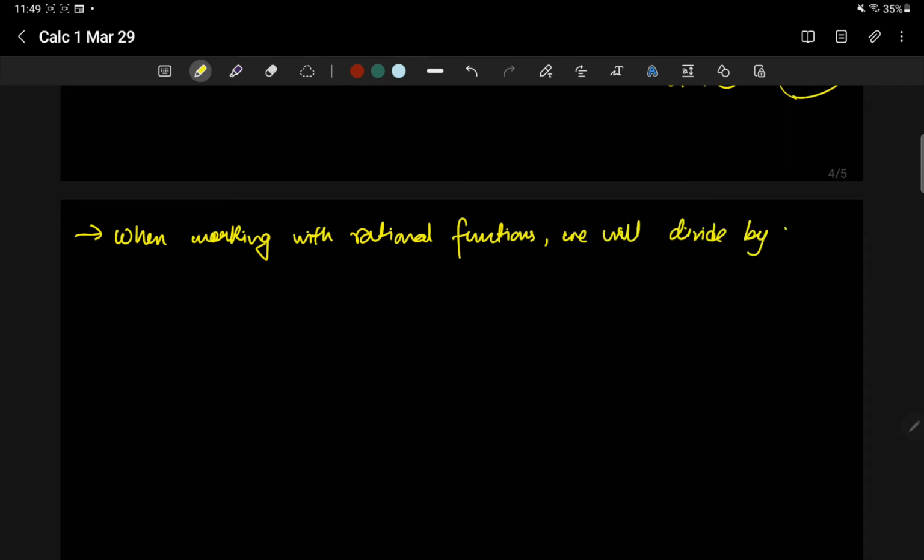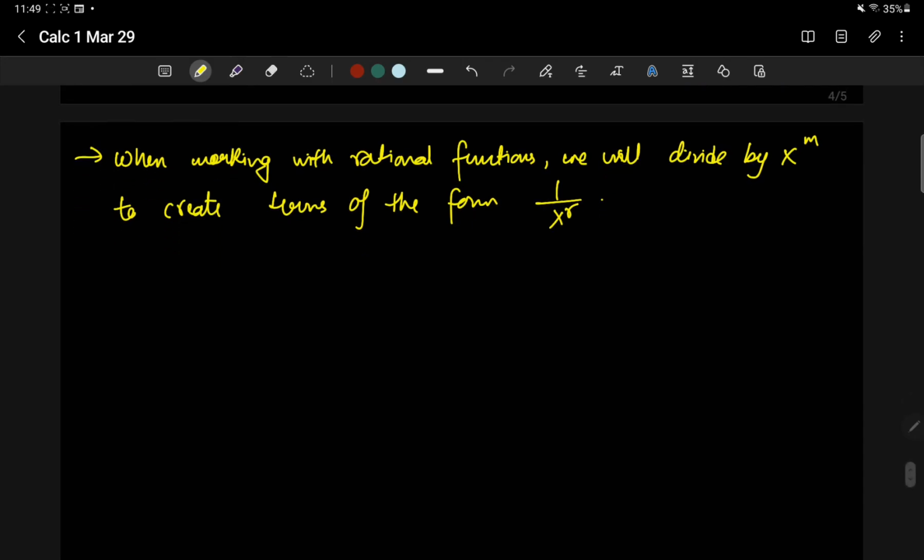And this is going to be our go-to strategy: when working with rational functions, we will divide by x to the m to create terms of the form 1 over x to the r.